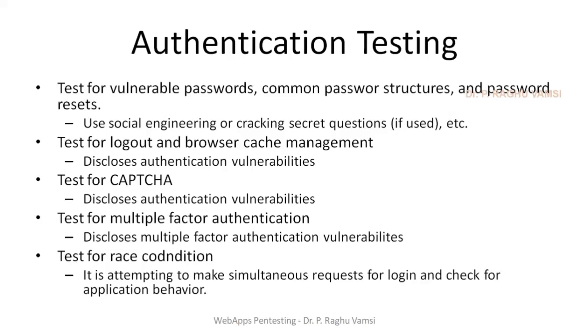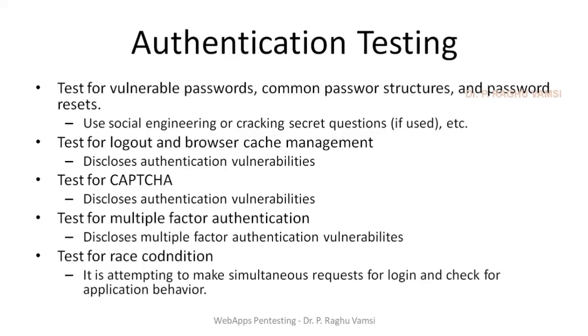Next one is test for race condition. Here, race condition means the hacker will try to enter the application username and password from different computers at the same time. It is attempting to make simultaneous requests for login and check for application behavior.